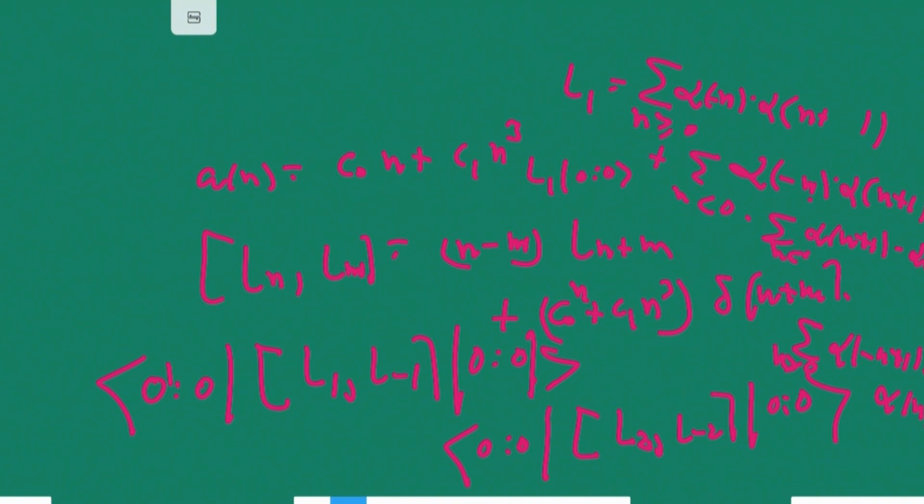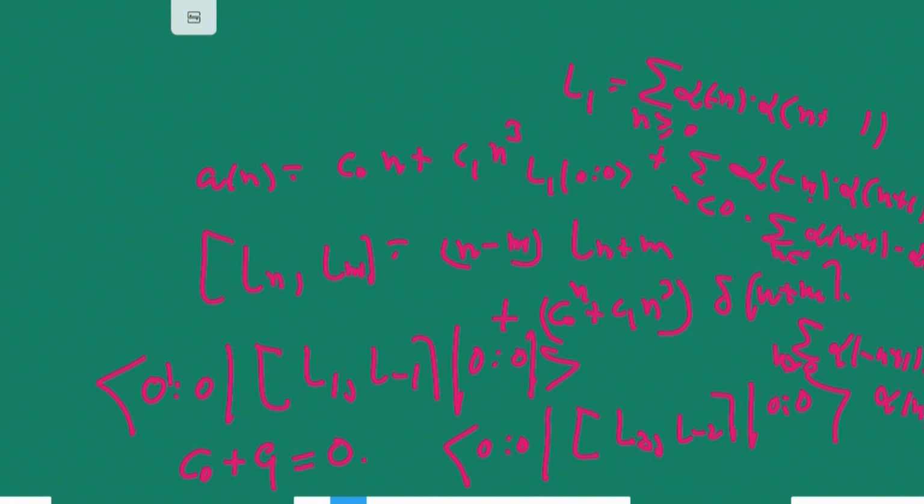So this evaluates simply to 0. So you will have that if you put n as 1, you get c_0 + c_1 = 0, or equivalently c_1 = −c_0.